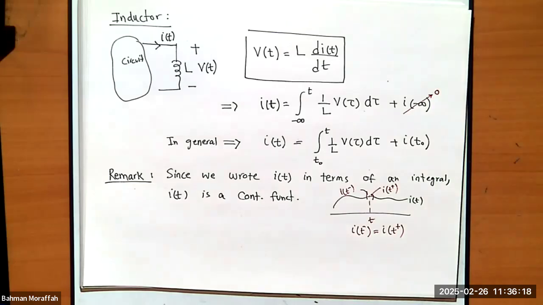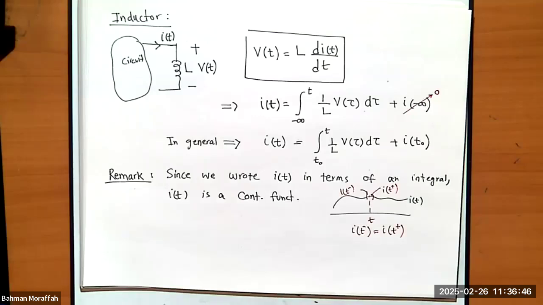And as you can see, if I had a capacitor, voltage was continuous, which tells me that if I have a circuit with a capacitor, I prefer to write KVLs in terms of voltages, so I can use the continuity of voltage to come up with the initial conditions.